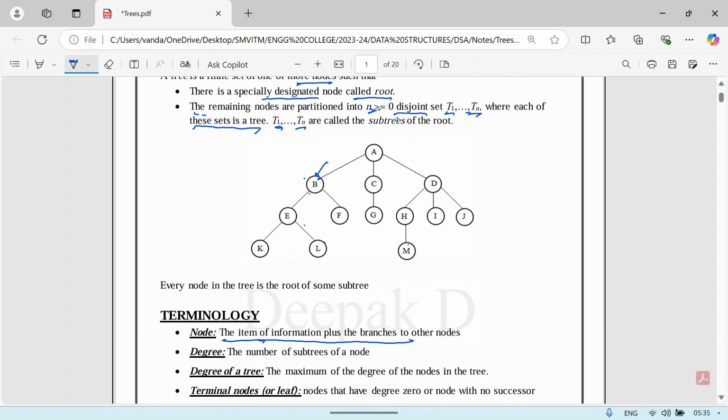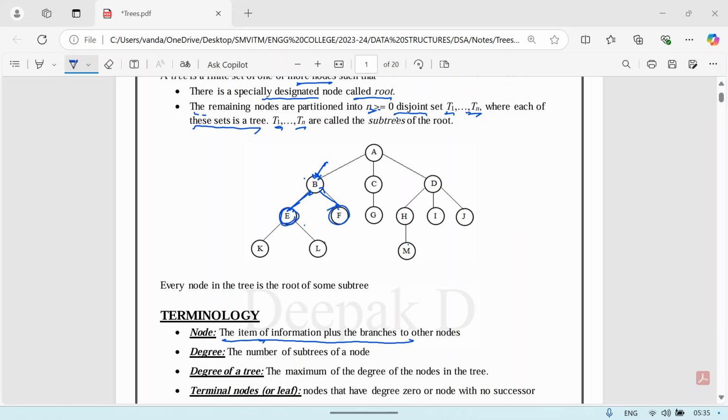So here B has two child nodes, right? These are child nodes. This is the root and its children. So E and F, two are there, right? So you can say that the degree of this particular tree with the root B is 2.